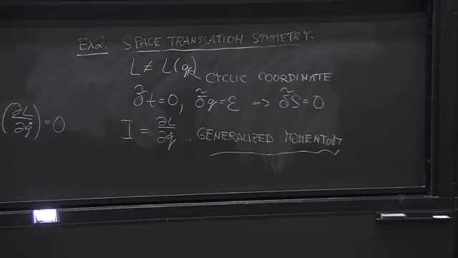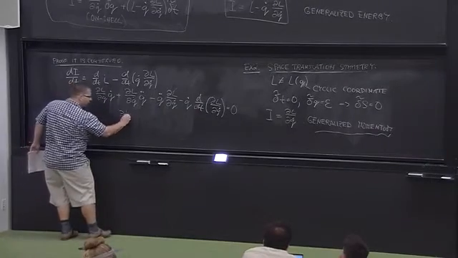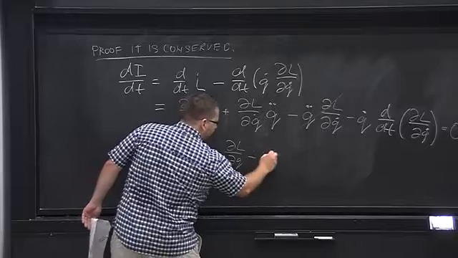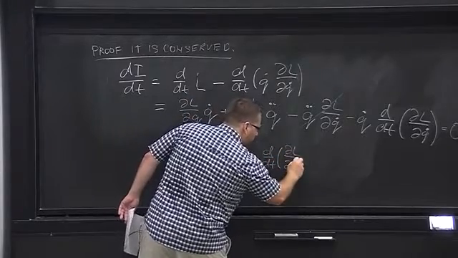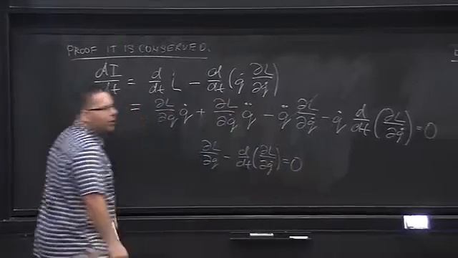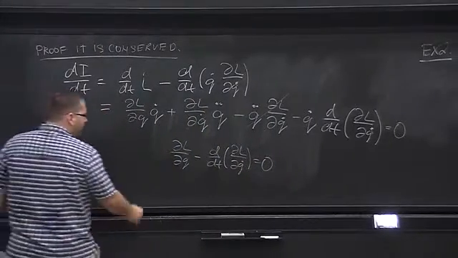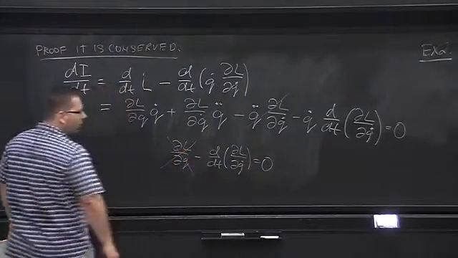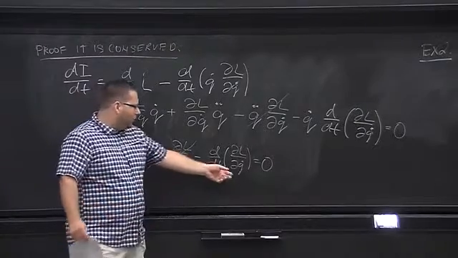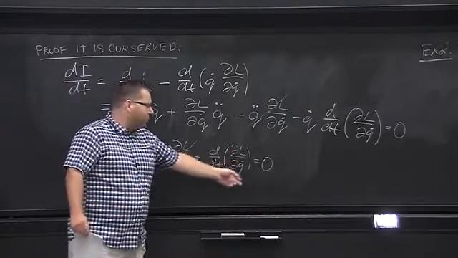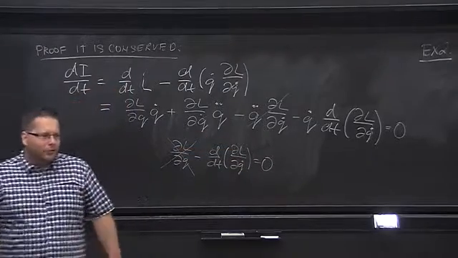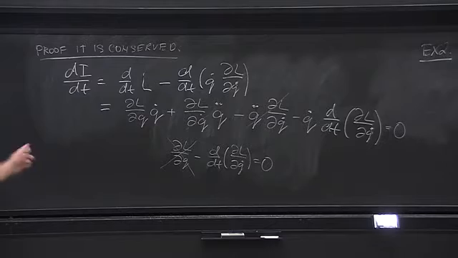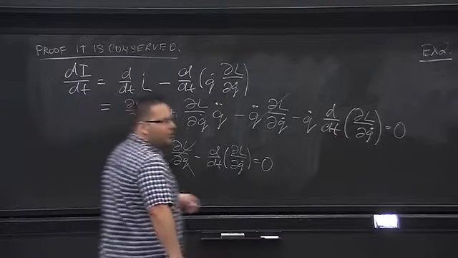Remember, the Euler-Lagrange equations are ∂L/∂q minus d over dt of ∂L/∂q dot equal to 0. Now L doesn't depend on q, so this term is not there, and you get d over dt of something equal to 0, and that something has to be an integral of motion. It's precisely the generalized momentum. So this is even simpler to prove than the first one. All right, questions?